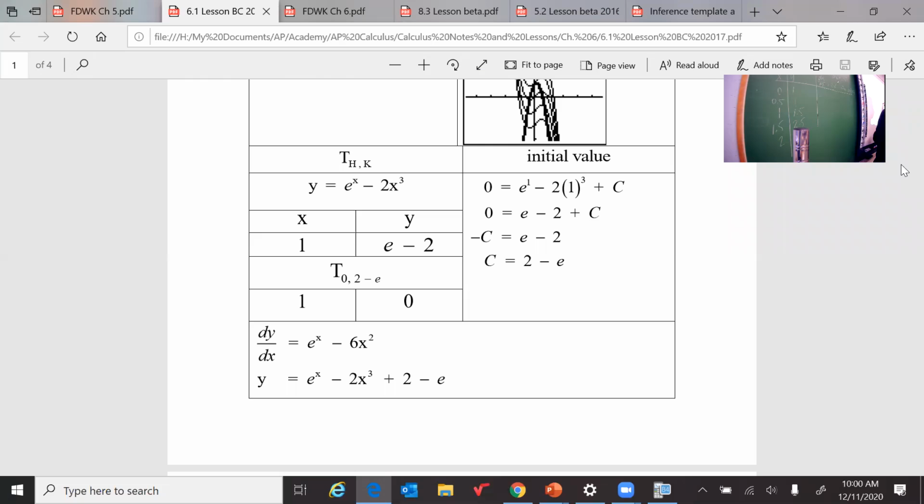When we add to this, it was a 0. So 2 take away e is our constant. That gets added to this. That would be our parent graph. This graph has that derivative, and this graph goes to the point 1, 0. So that's staying up there as your model, and you're going to problem number 13.